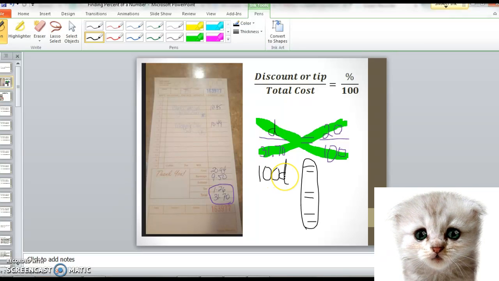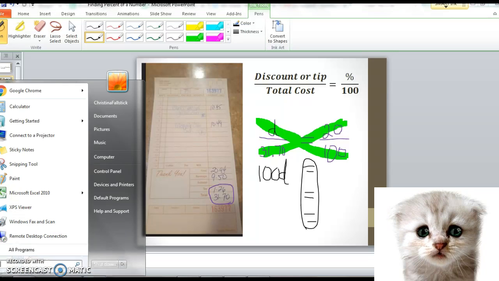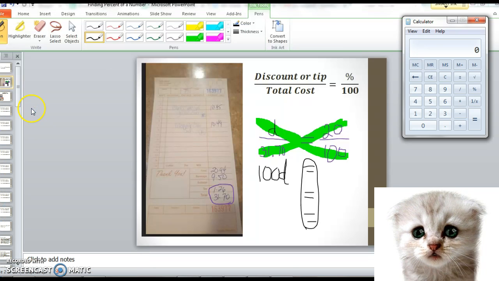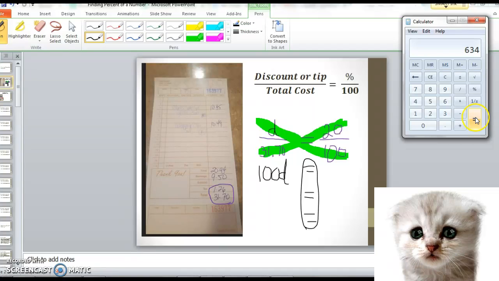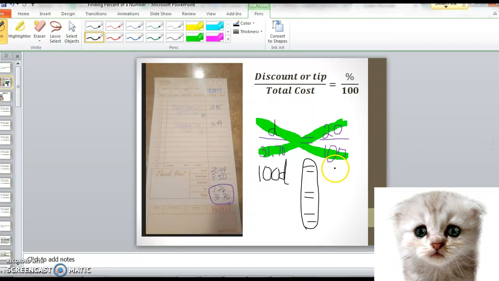So 100 times D, and then on this side, I'm going to do 31.70 times 20. And I'm going to get my calculator out so I can do those calculations. 31.70 times 20, which gives me 634.